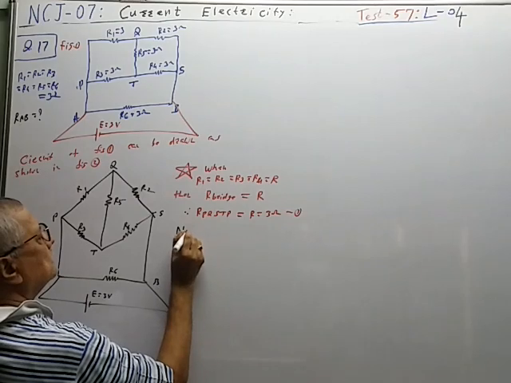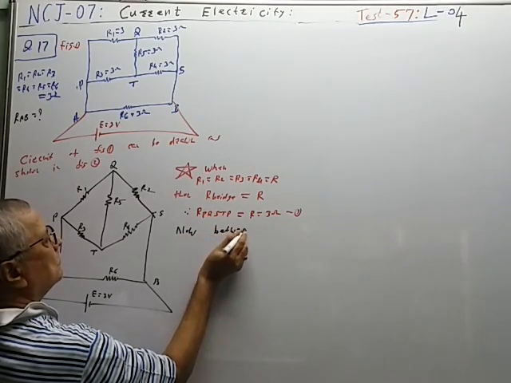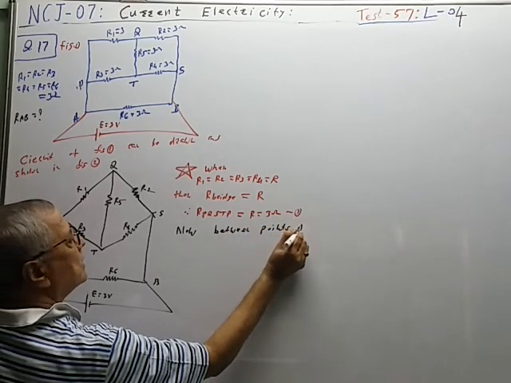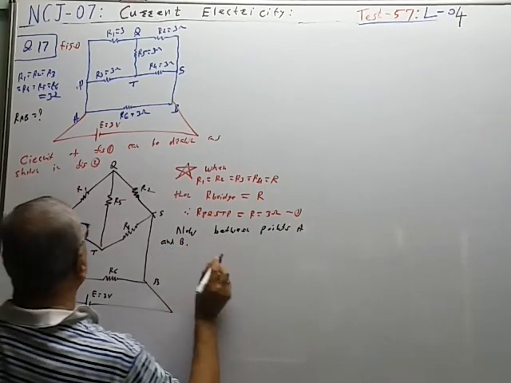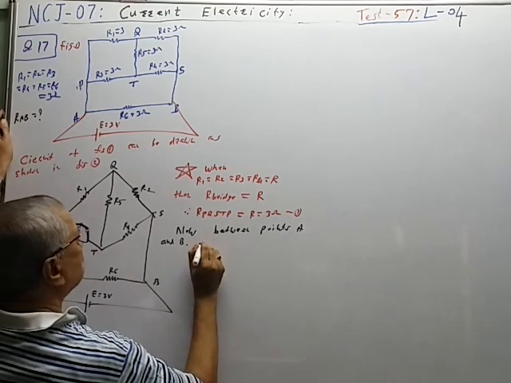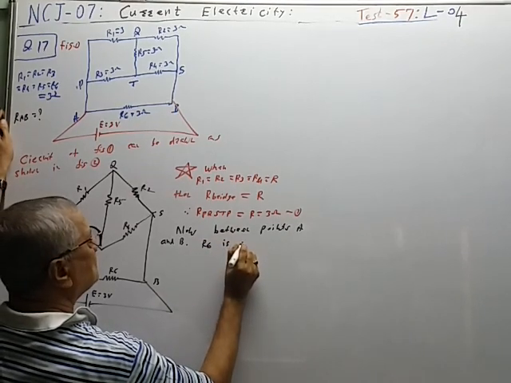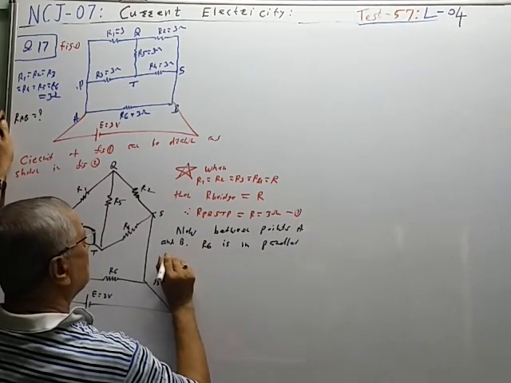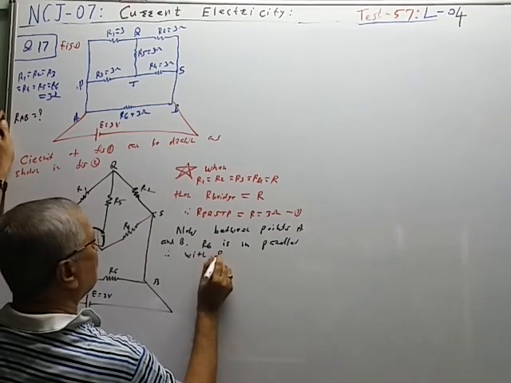Now between points A and B, R6 is in parallel with R bridge.